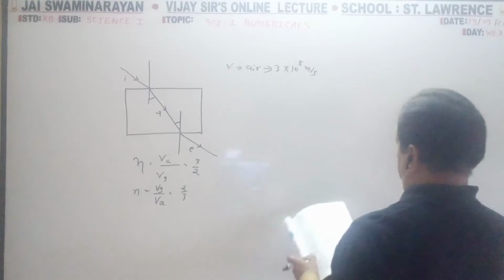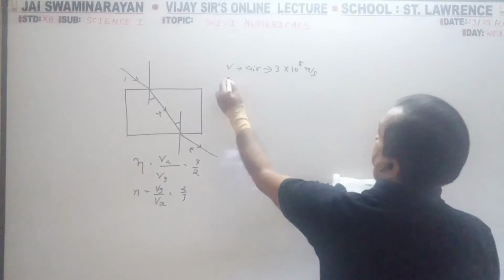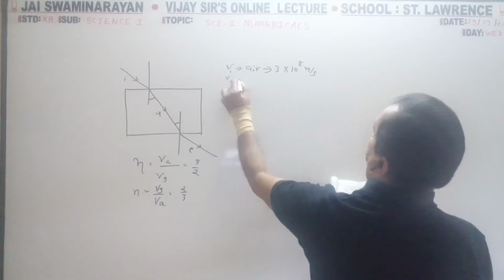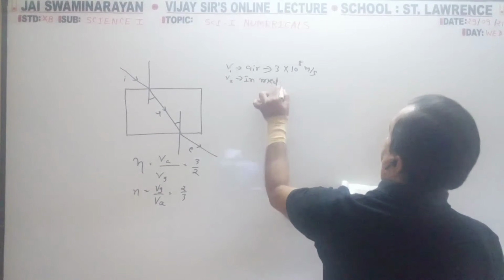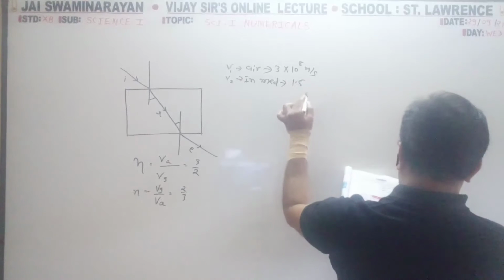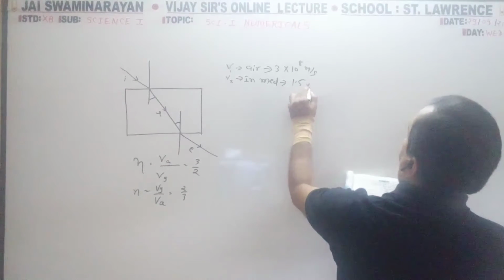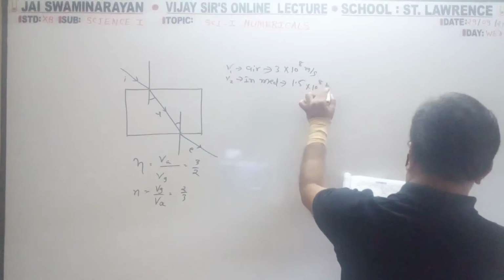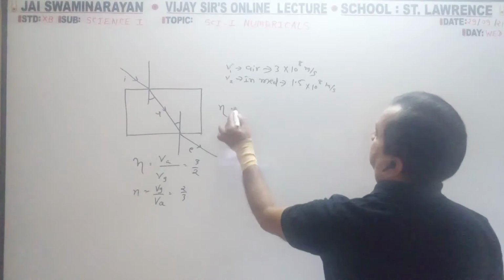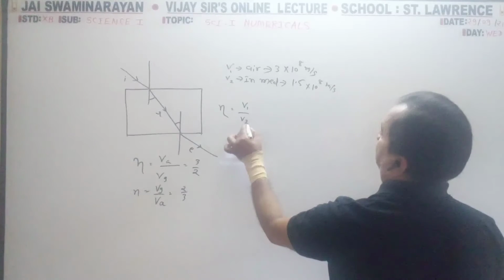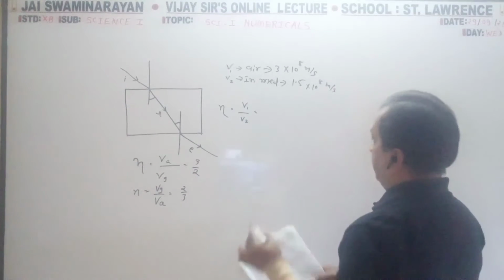It is not given, but you have to consider it. Velocity 1, velocity 2. In the medium, 1.5 into 10 raised to 8 meter per second. So the refractive index is equal to velocity 1 divided by velocity 2.